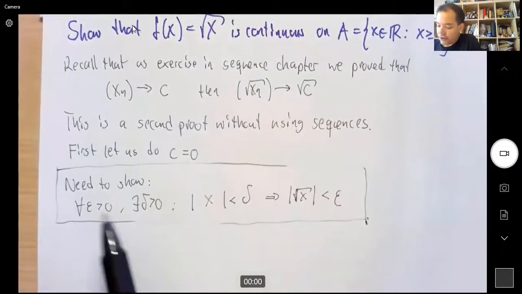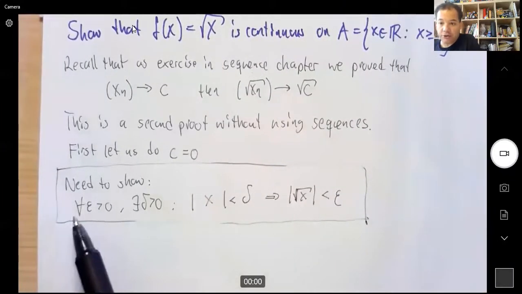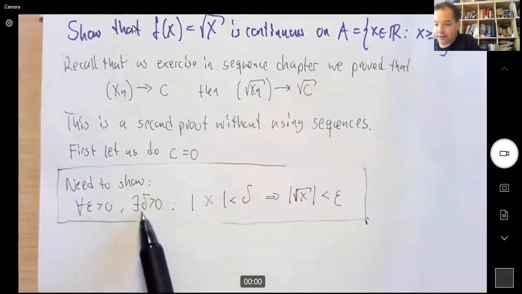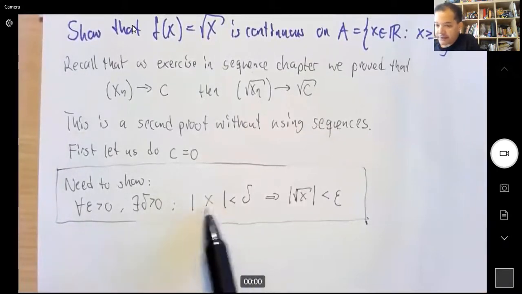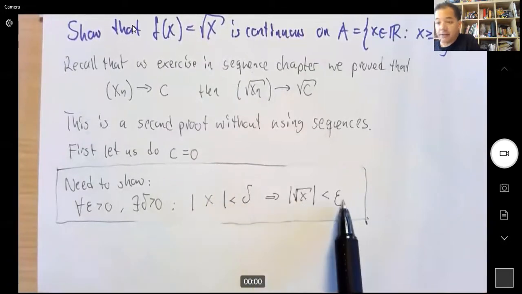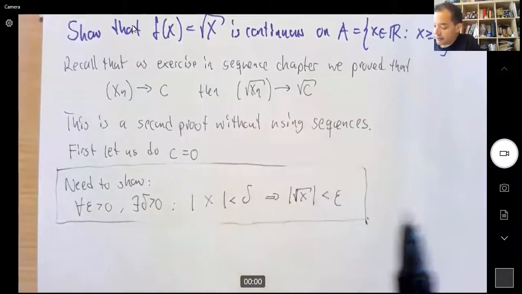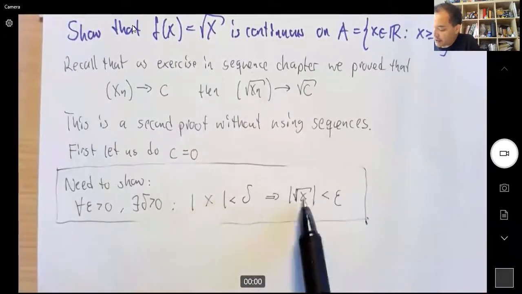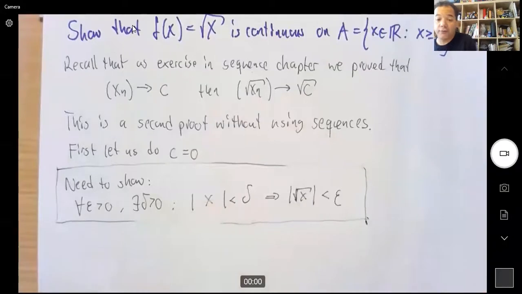To show that the function is continuous at 0, we need to show that for every epsilon, there is a delta, such that if x is less than delta, then f of x is less than epsilon, right? In this case, we have x minus c and root x minus the square root of c, but both of those numbers are 0.